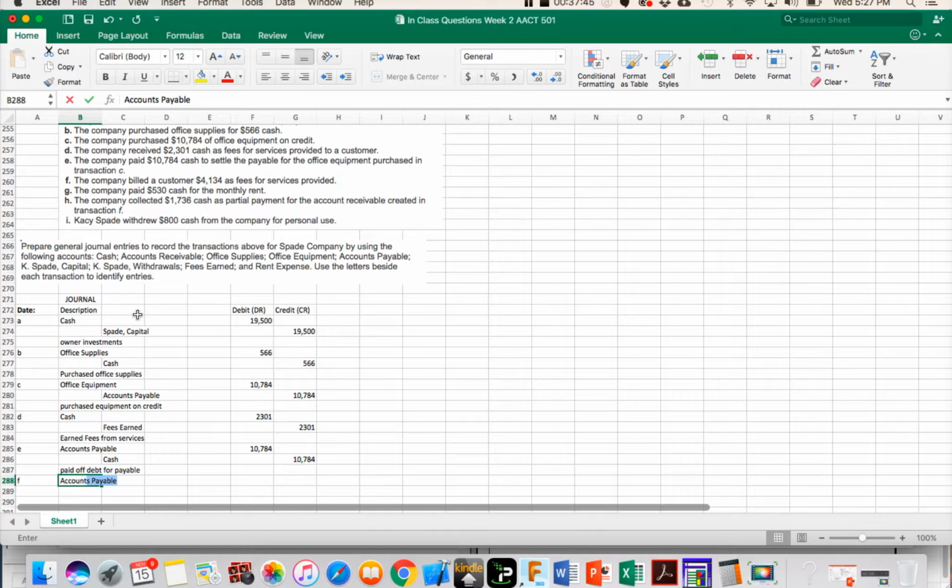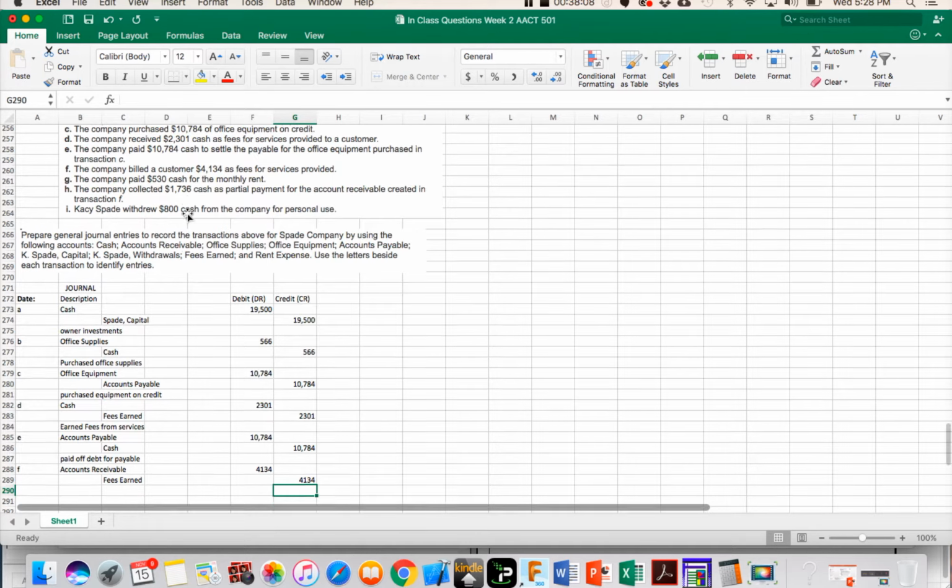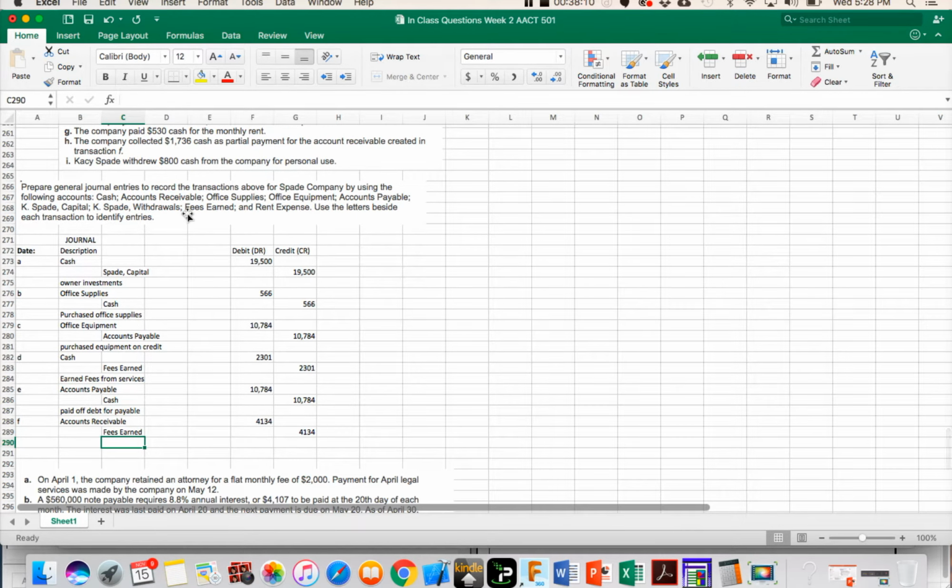So even though I haven't got cash, I do now have a right to be paid. So I've got accounts receivable for that amount here, $4,134. And I will consider those earned because I've done the work.